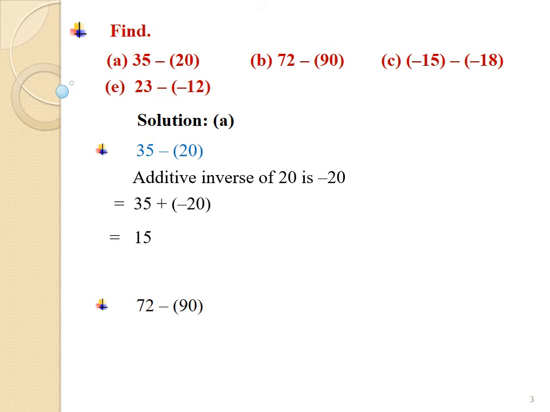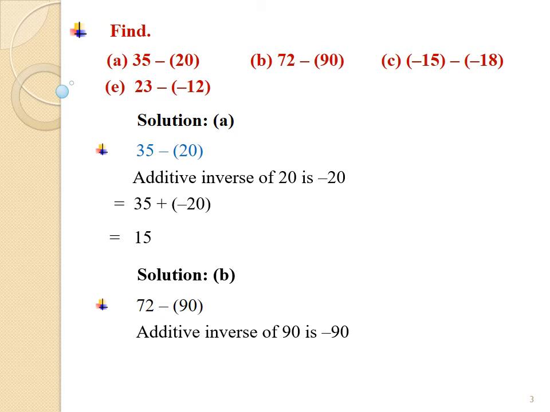Now, sum B, 72 minus 90. Students, first of all, let us write the additive inverse of 90 that is being subtracted. The additive inverse of 90 is minus 90.